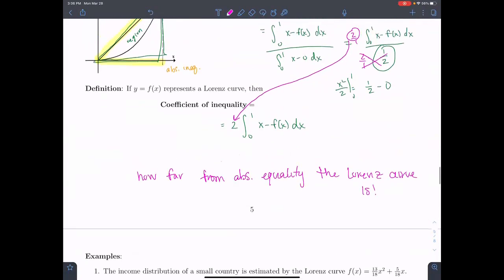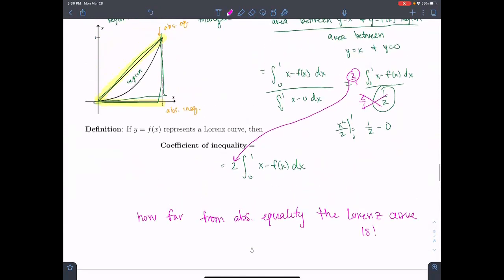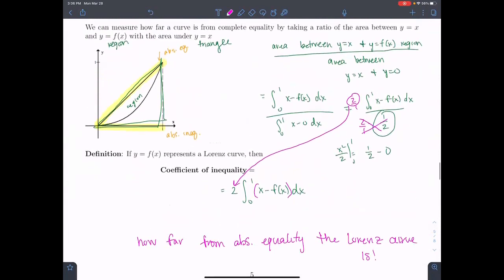Maybe some parentheses here to make that easier to read. There was a lot of stuff that just happened, but what is going on is you're looking at this area, the ratio of that divided by this, and that tells you how far off from equality you are.